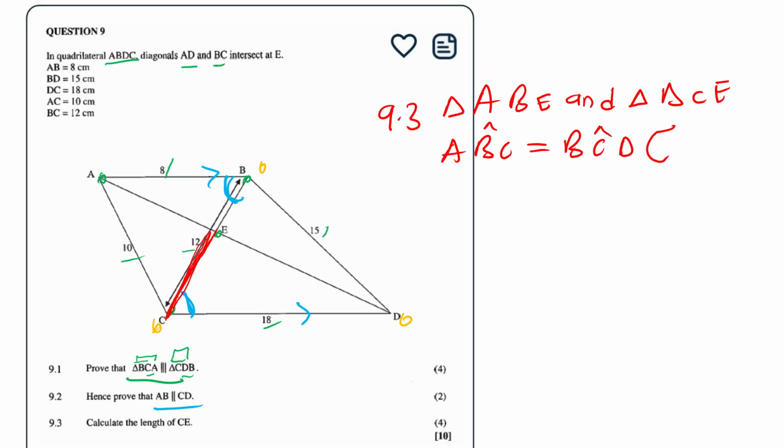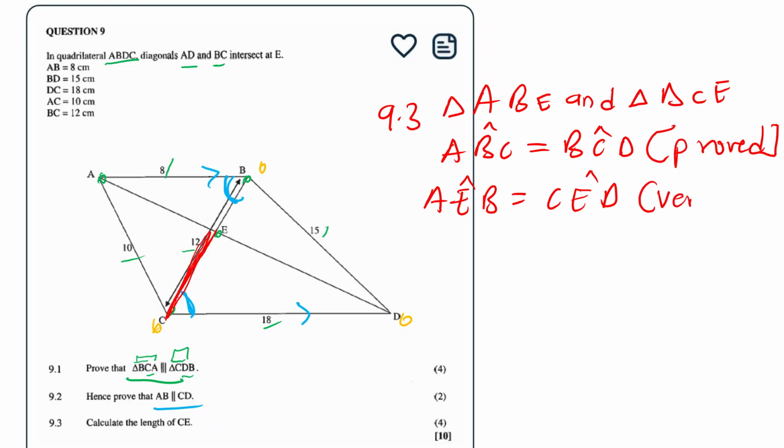We have proved this on our last 9.2. It is proved that, and therefore now we also know that AEB, it is equal to CED, right? That's because of the vertical opposite angles, right?